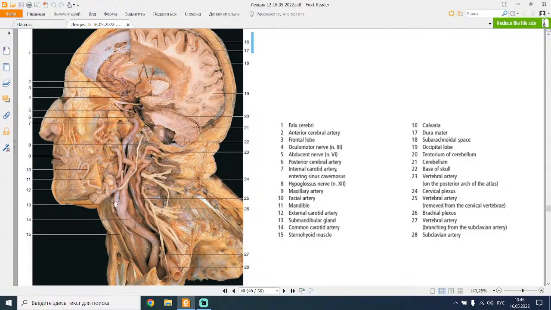This is pars cervicalis. Internal carotid artery. This is the external. This is arteria facialis. Arteria maxillaris.